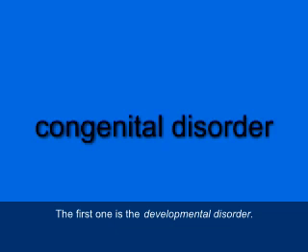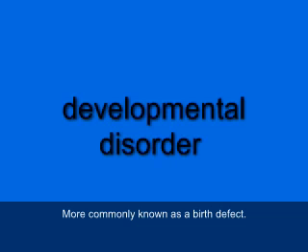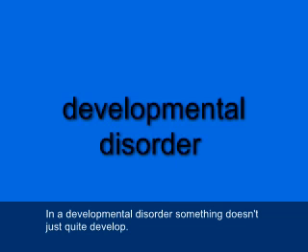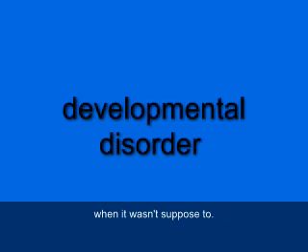The first one is the developmental disorder, more commonly known as a birth defect. Now, in a developmental disorder, something just doesn't quite develop. A good example would be a missing toe, or maybe the baby has an extra toe because an extra one developed when it wasn't supposed to.